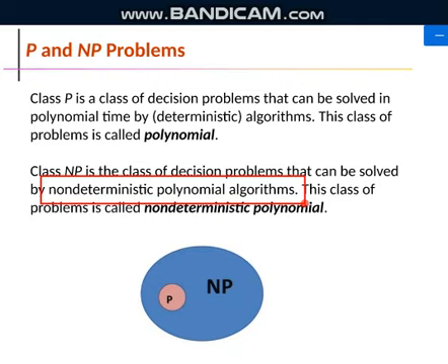That means that algorithm doesn't exist. Someone might do some research on that, and someone might come up with an algorithm which helps us to further reduce the time taken to solve these problems. So that is what non-deterministic polynomial algorithms are.